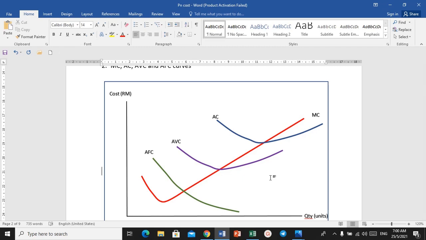So this second graph represents the average cost, average variable cost, average fixed cost, and the MC curve. These are the rules of drawing your curve. For the AC curve, you must make sure that the minimum point of this curve intersects with MC.